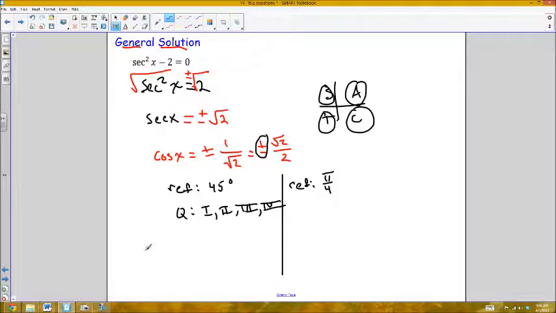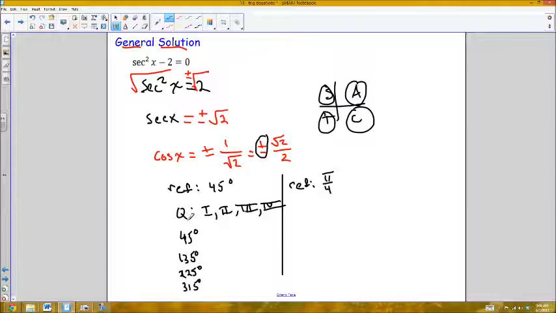Okay, so 45 degrees in quadrant 1 is just 45. 45 degrees in quadrant 2 is 180 minus 45, which is 135. Quadrant 3 is 180 plus 45, which is 225. And in quadrant 4 it would be 360 minus 45, which is 315.